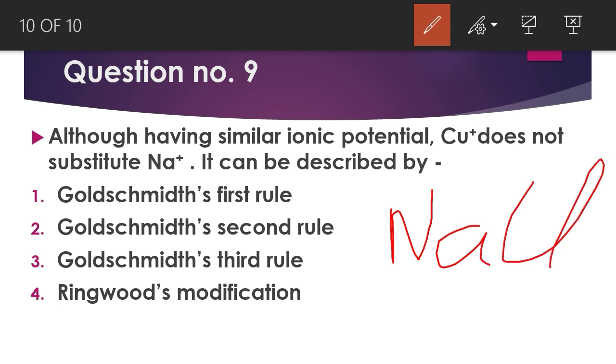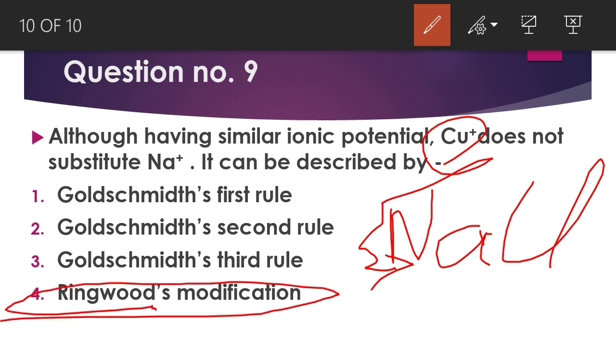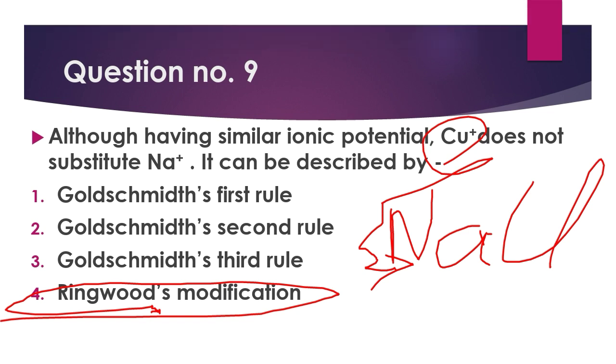Here copper should substitute sodium in this crystal, as they have similar ionic potential, but it does not. It is because of the Ringwood's modification. He told that electronegativity also plays an important role, besides similar ionic potential. So here the fourth option will be your right answer.